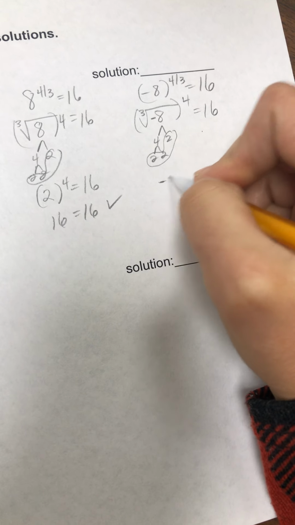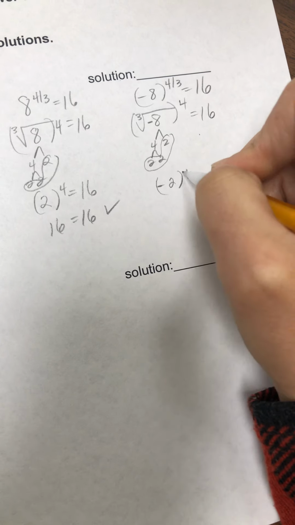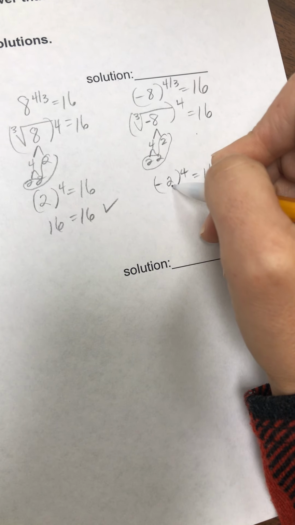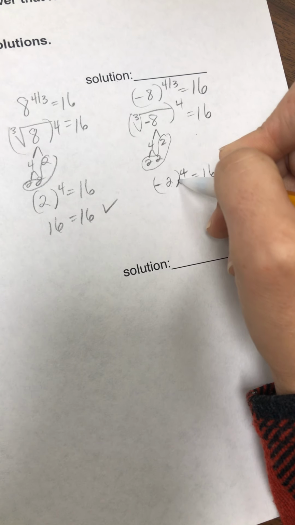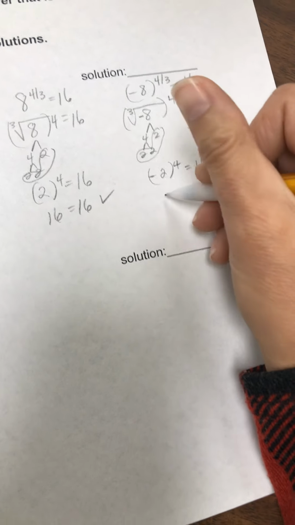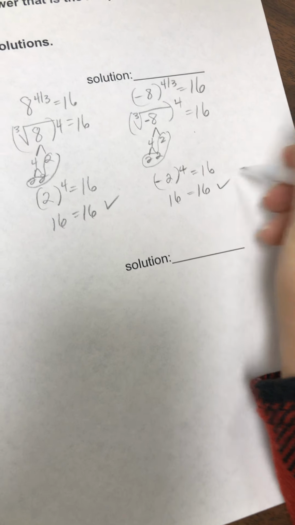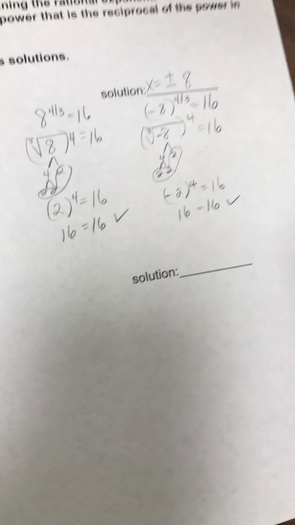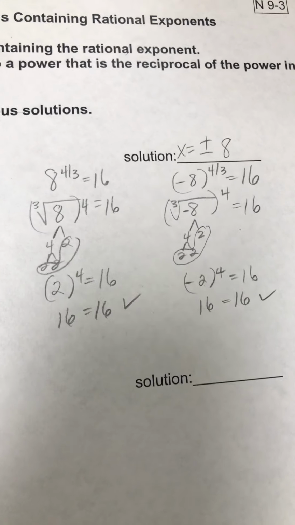You're going to have negative 2 to the 4th equals 16. So negative 2 times negative 2 is 4. 4 times negative 2 is negative 8. But negative 8 times negative 2 gives you positive 16. So it works out. So the answer is plus or minus 8. They both checked.